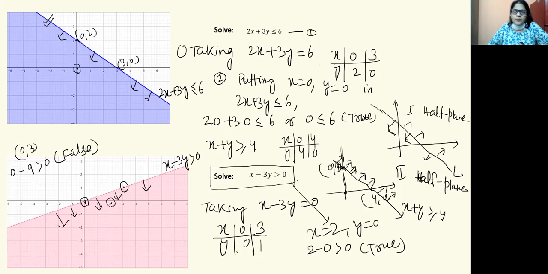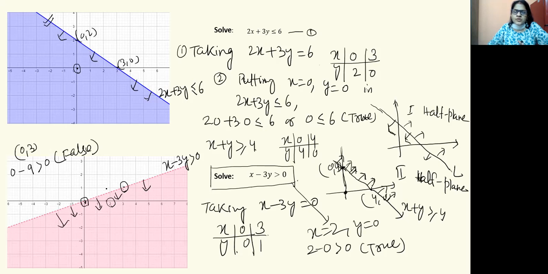You can take any point other than the origin, preferably on any of the coordinate axes. Then if the point satisfies the inequation, the solution region will be towards that point. Otherwise, away from that point. So these are the two cases: when the line passes through the origin and when it doesn't.